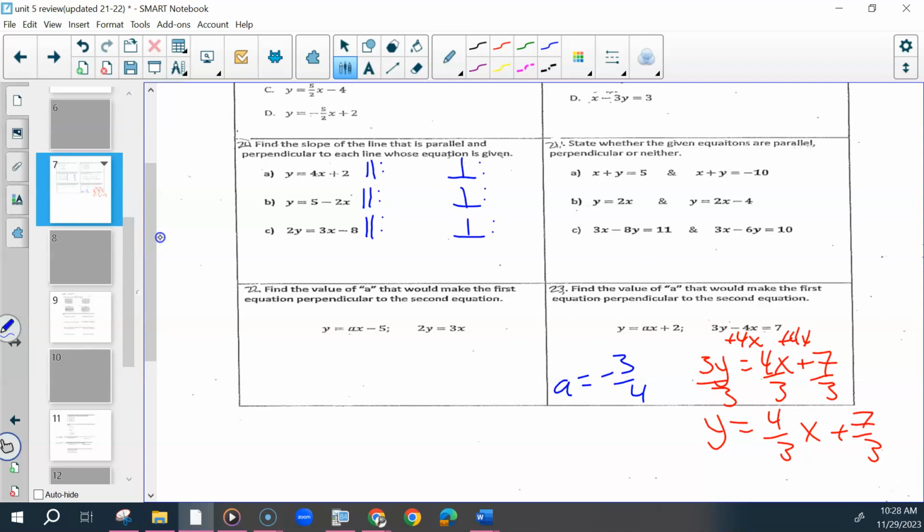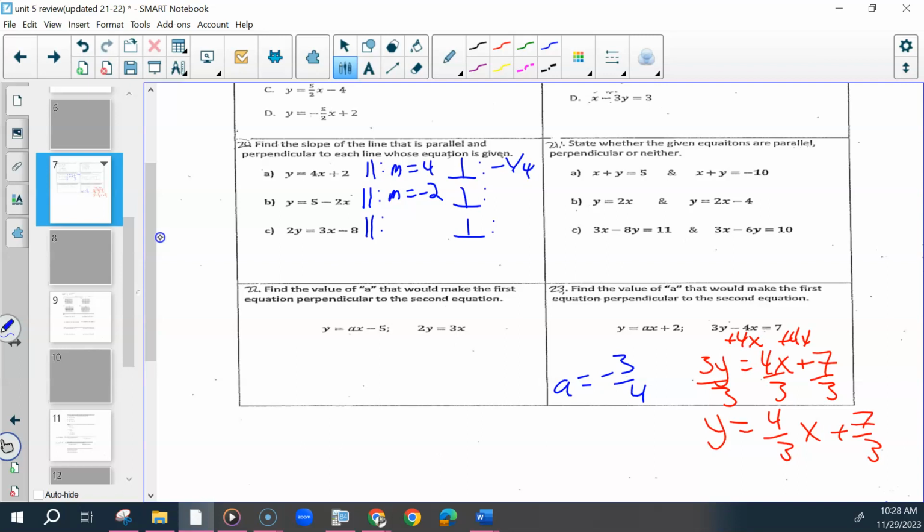For line A, what would the slope that's parallel be? For this one, it's not in slope-intercept form, but if you know that it would just be switched, you don't have to switch it. What would the slope that's parallel be? -2.